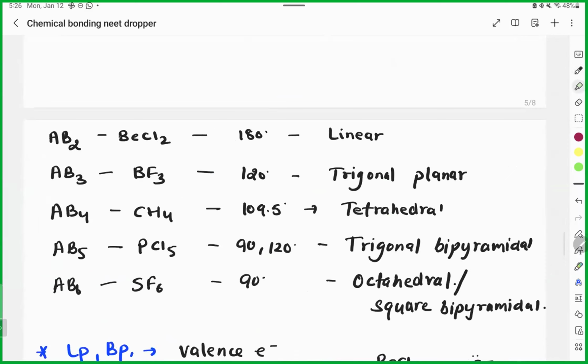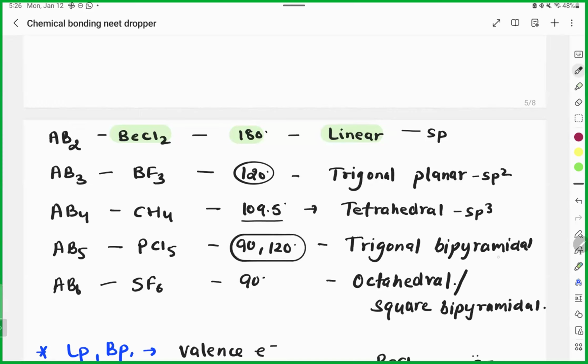The same thing I wrote here. In case of BeCl2, angle was 180, shape was linear, and hybridization was sp. In BF3, angle was 120, shape was trigonal planar, and hybridization was sp2. CH4, angle 109.5, tetrahedral structure, sp3 hybridization. PCl5, angle will be 90 as well as 120. We'll discuss this again in detail.